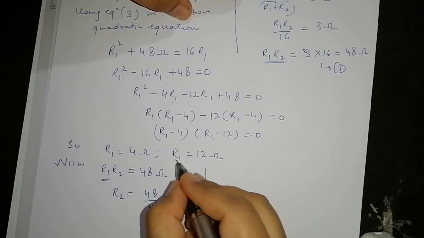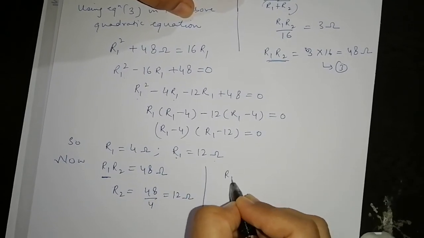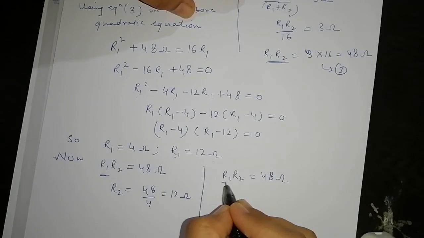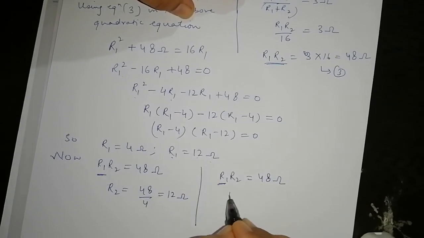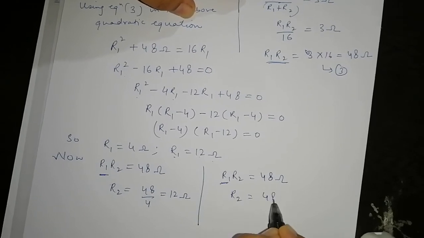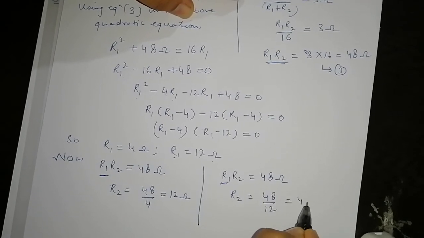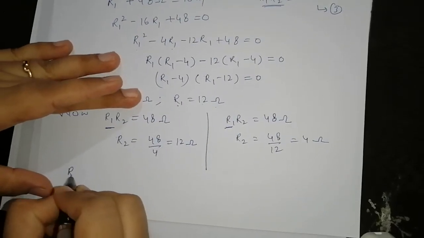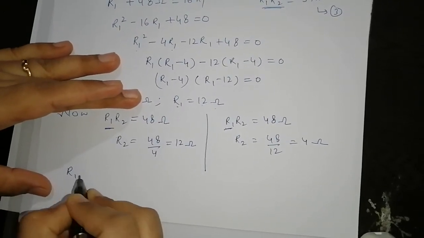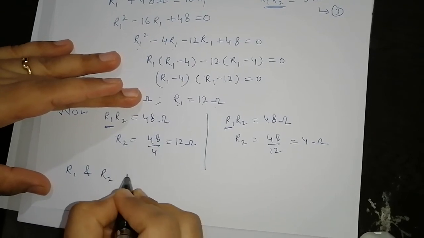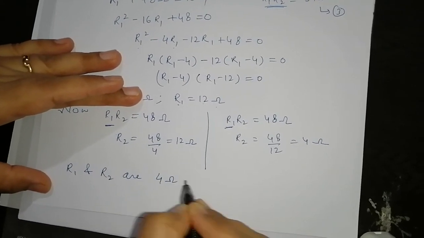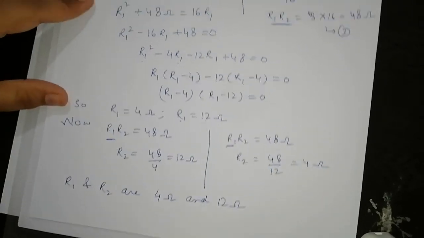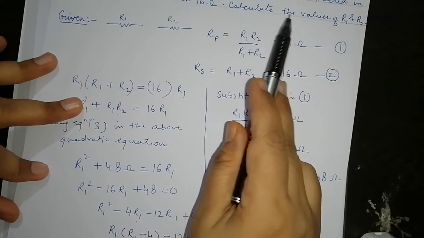And when R1 is 12 ohm, then R1 R2 is equal to 48 ohm, so if we take R1 as 12 ohm, then R2 will be 48 divided by 12, that is 4 ohm. So the values of resistance R1 and R2 are 4 ohm and 12 ohm. This is what is being asked in the question.